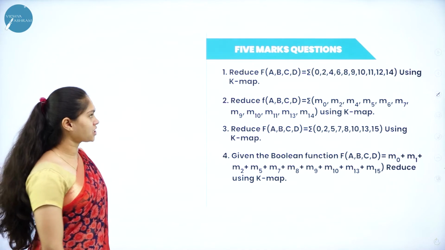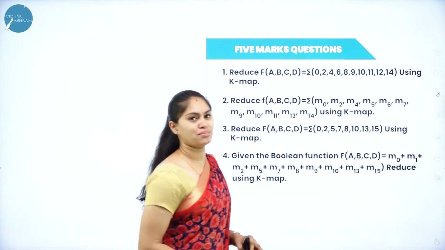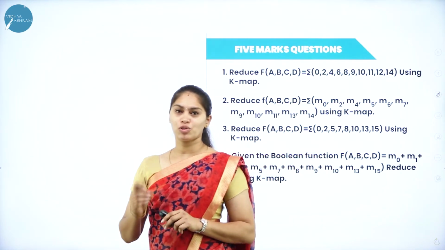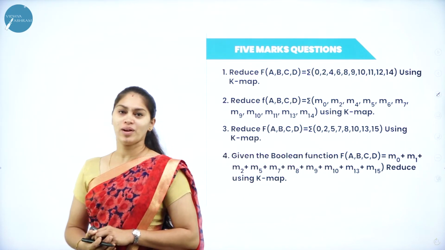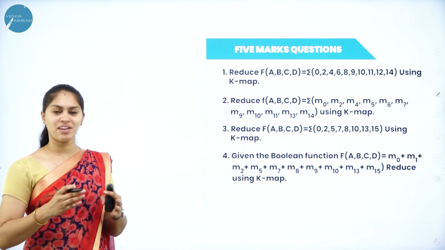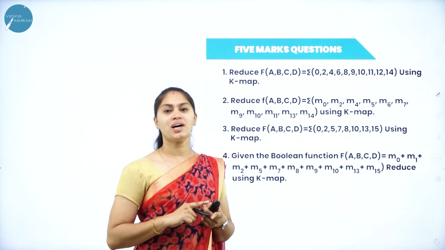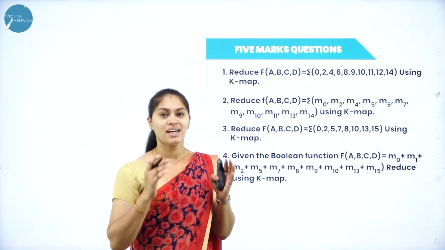We'll see the 5 marks question. When it comes to the 5 marks question, without worrying about anything, you have to learn K-map, how to solve or how to reduce the Boolean expression using K-map. Very, very important question. So surely you are going to get either K-map or De Morgan's theorem in the 5 mark question.